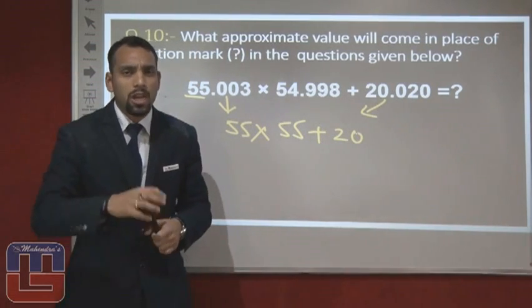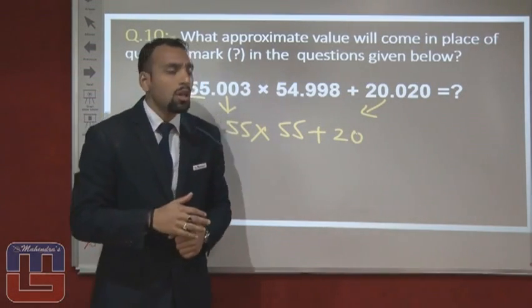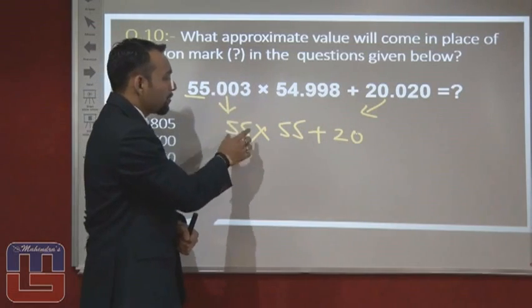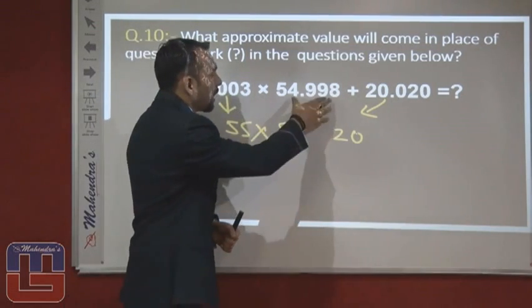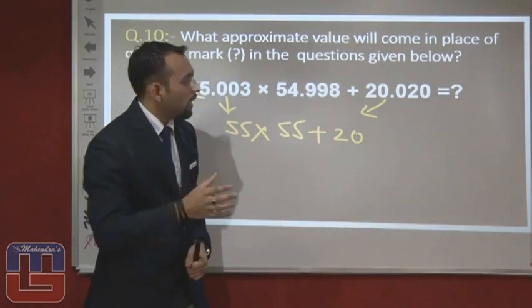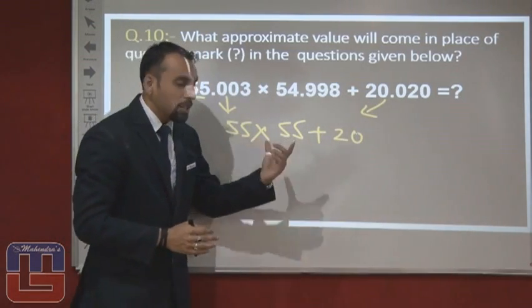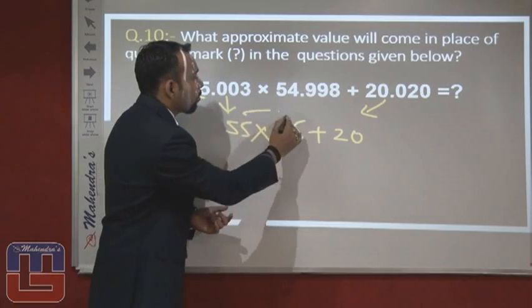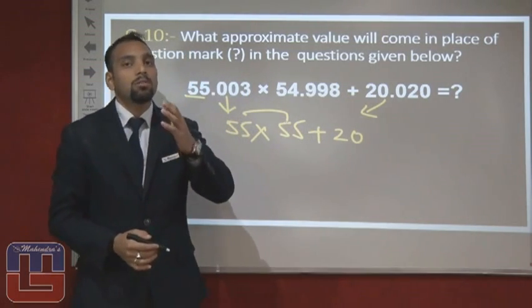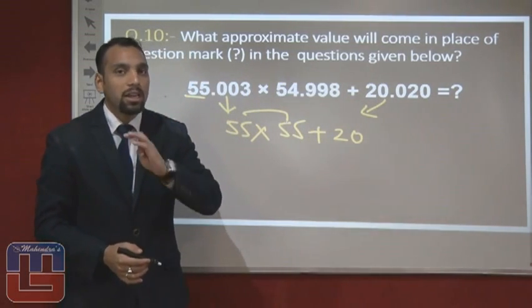Now what we have to do, we have to take the approximate value. The approximate value of this one is 55, and the approximate value of this one is also 55, and the approximate value of this is 20. Now we have to multiply the 55, or you can say that it is the square of 55. So how we will solve the square of 55? Directly we can solve.